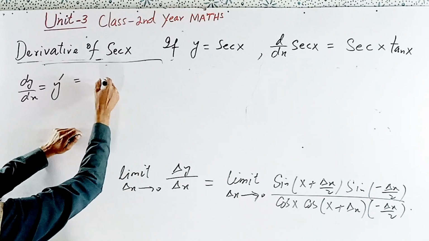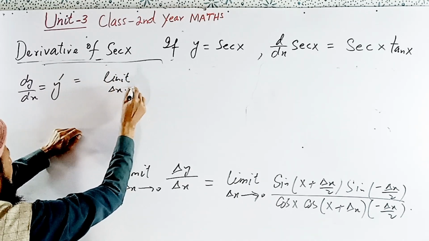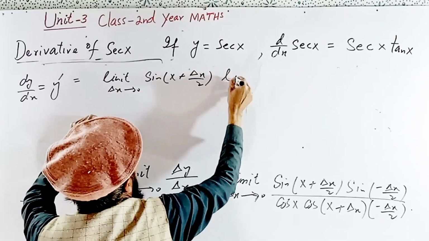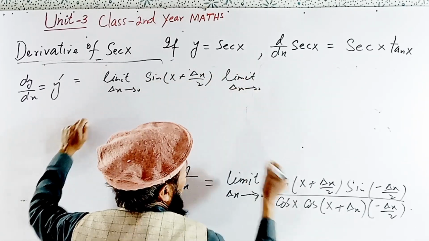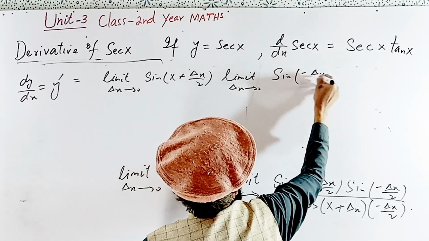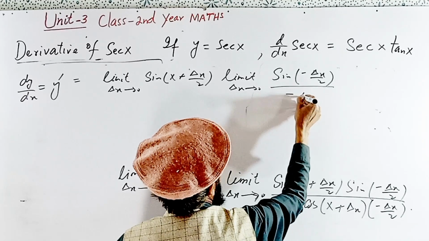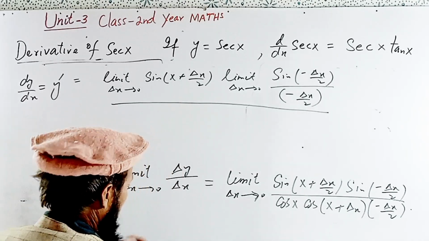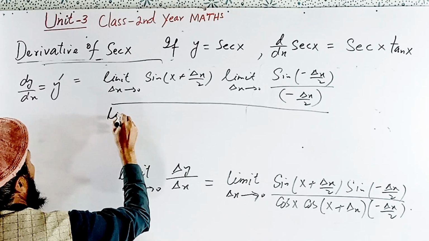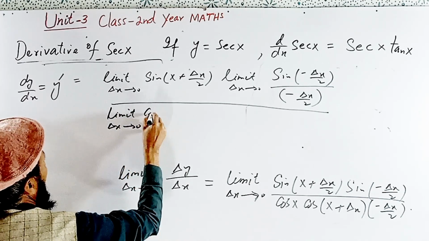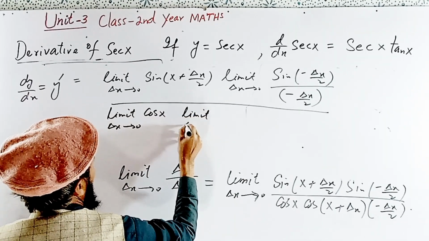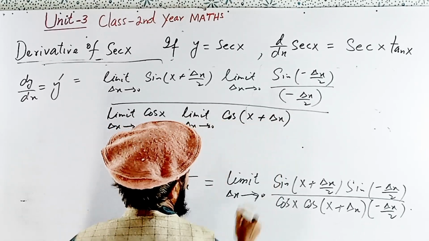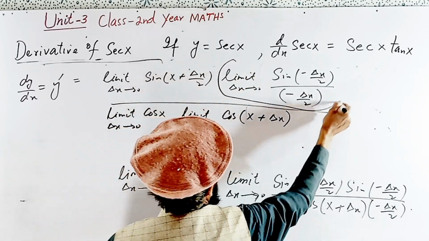Limits are applied: limit delta x tends to 0 of sin of (2x plus delta x) divided by 2, and limit delta x tends to 0 of sin of minus delta x divided by 2, divided by minus delta x divided by 2, and also limits are applied on the denominator term: limit delta x tends to 0 of cos x and limit delta x tends to 0 of cos of x plus delta x. So this term, according to the formula, we get 1.